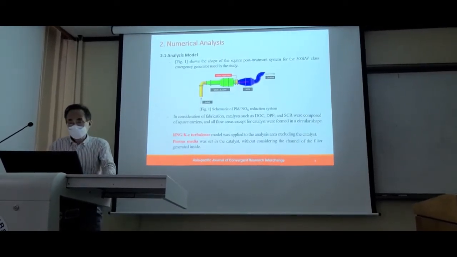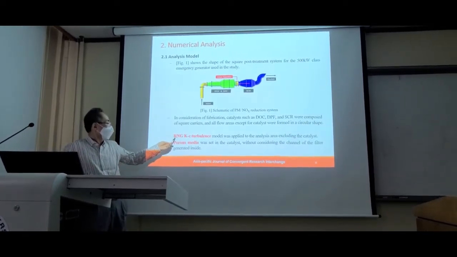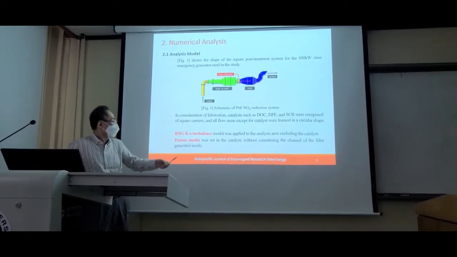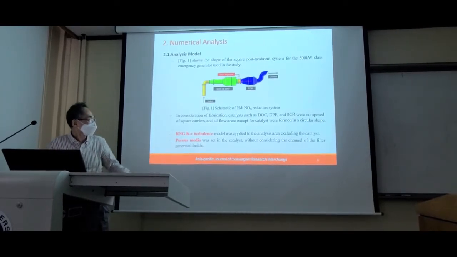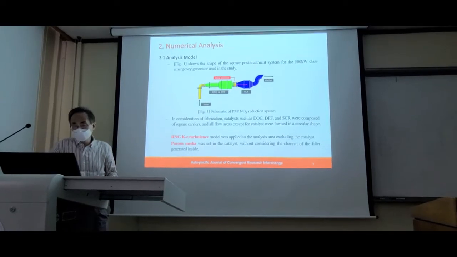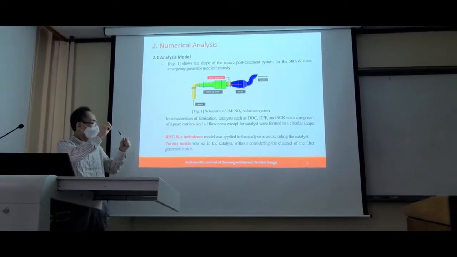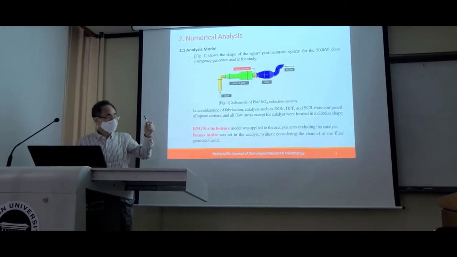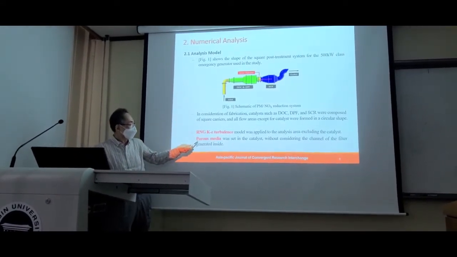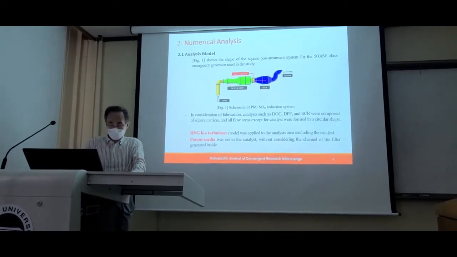For the numerical analysis, the RNG k-epsilon turbulence model was applied. And because the substrate has different pore mesh, we used the porous material which is provided in the CFD analysis.